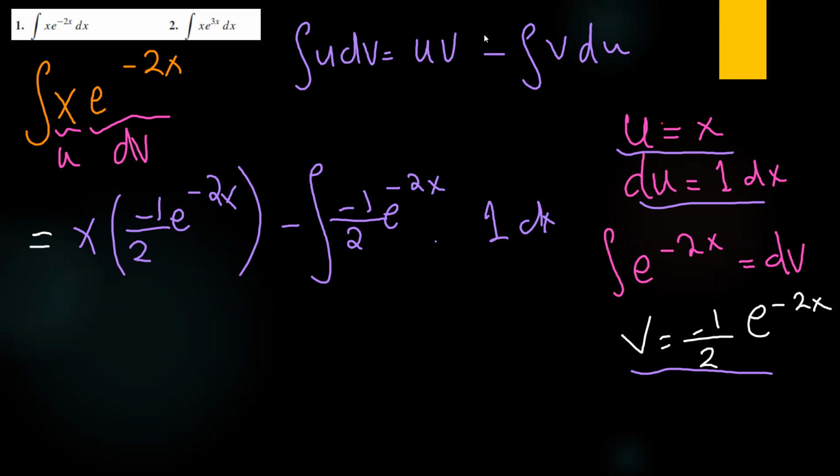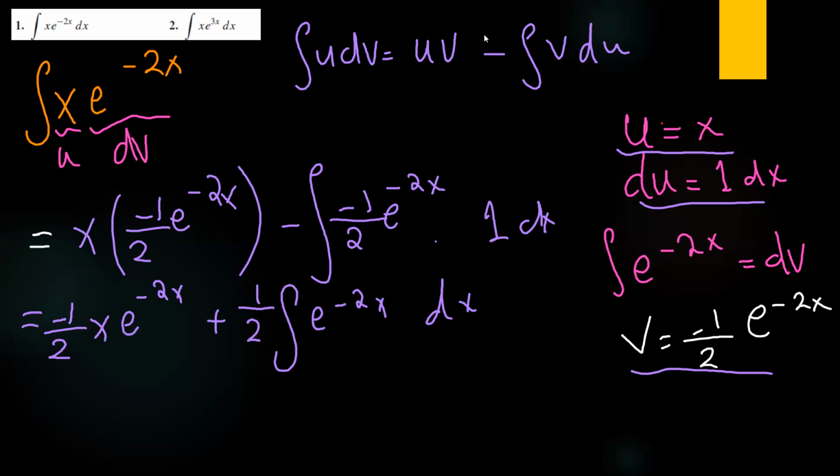So then now, let's simplify it now as negative half x e to the power negative 2x plus half the integration of e to the power negative 2x dx.